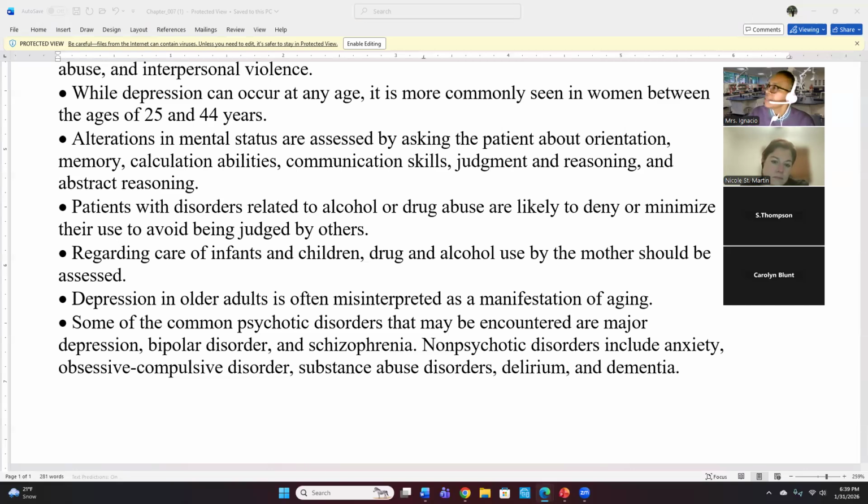Okay, let's talk about bipolar disorder, because that's one of the things on your list here. So what do you all know about bipolar disorder and how would your patient present? And I'm going to give you an image here.